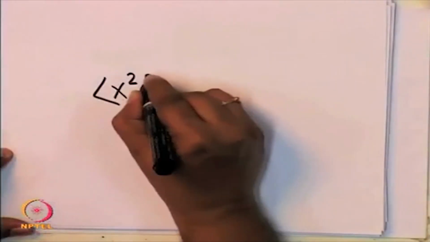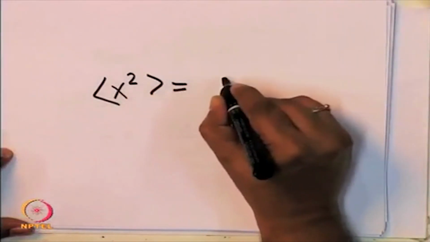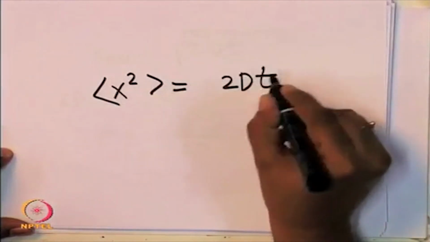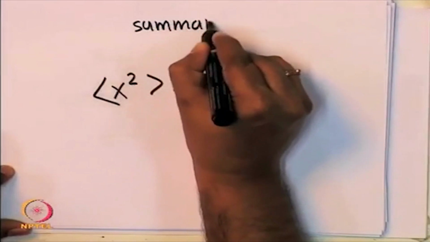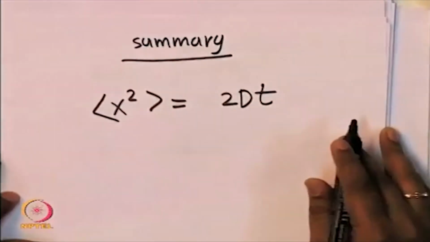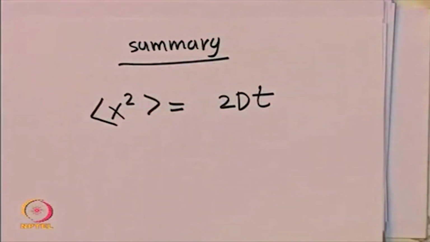To summarize the lecture, what we learned today is a very important relation. This is our summary, just one equation: x square average is 2 dt. This is a very important relation in biology, in physics. If you have learned spectroscopy or many different areas, you might come across this relation.